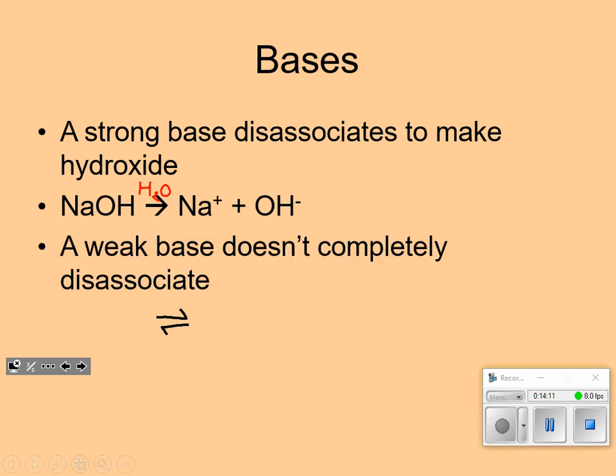However, there are some bases that are not able to completely dissociate. Ammonium hydroxide is a good example. Ammonium hydroxide will partially break down into the ammonium ion and the hydroxide ion.